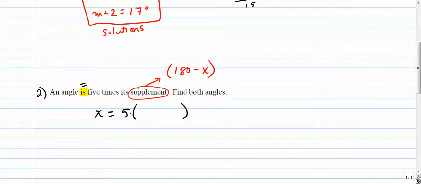All right, and the reason we can do that, because if we go over here and do some side work, if I ask you for an angle, let's say 10 degrees, and then I ask you for the supplement of that angle, in your head you would do 180 minus 10, or 170, right?